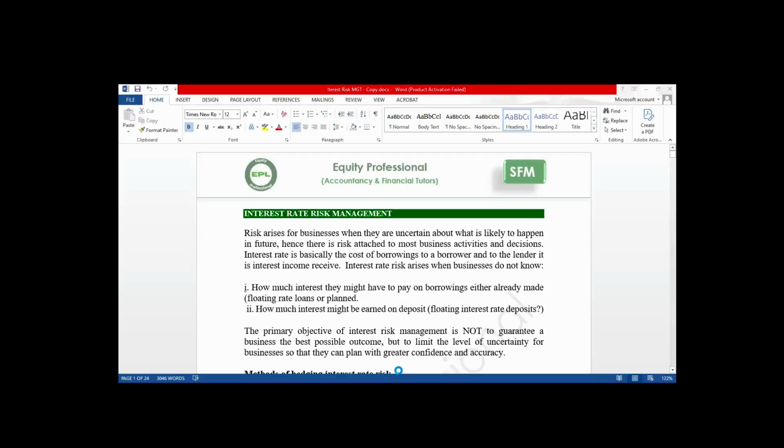To manage the uncertainty associated with interest rates, we explain the various methods of managing interest rate risk. What are these methods?